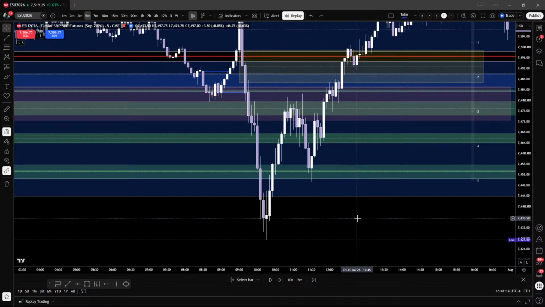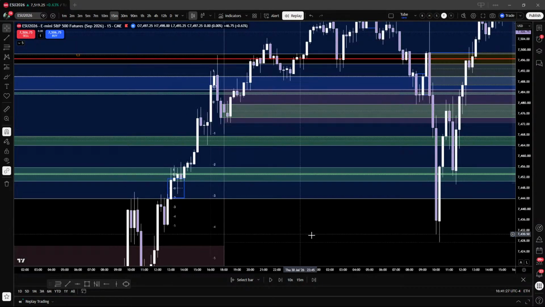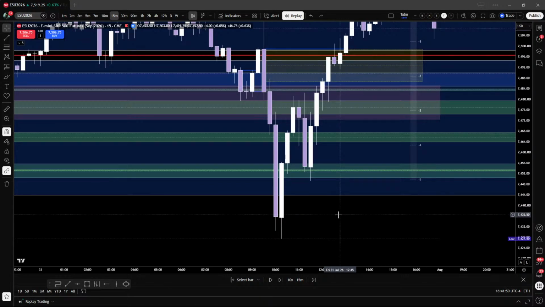He started to, on a 15-minute I think it was, measure the first bullish candle, which is not really what you are actually looking for.